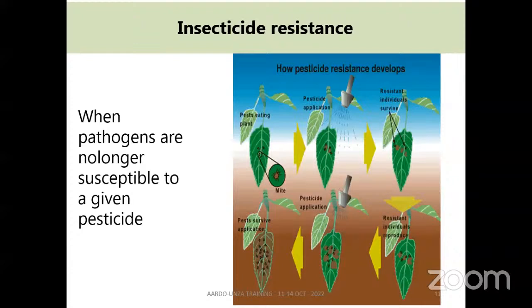Sometimes also, because of this indiscriminate reliance on pesticides, you have resistance developing. And this was explained to you on the first module. In a similar manner that insects might develop resistance to pesticides, this might also happen to microbes, fungi, bacteria, nematodes, and all that.